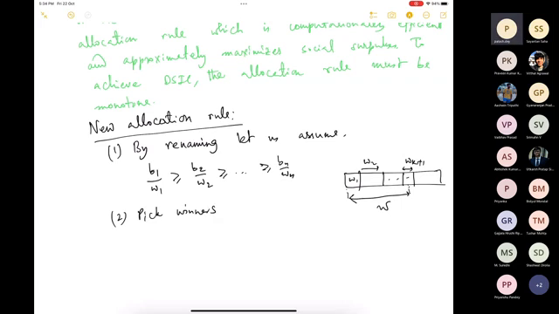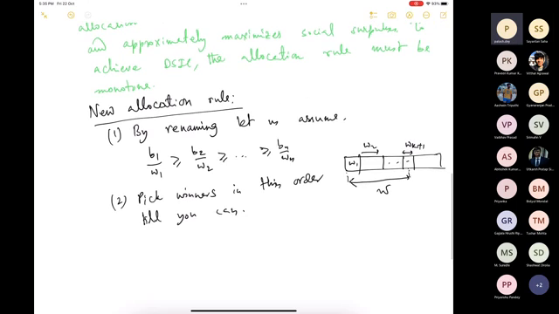Winners means that you set the corresponding xi value to be 1, you pick winners in this order till you can, that means till you reach the capacity W. Okay. Now third step, return.